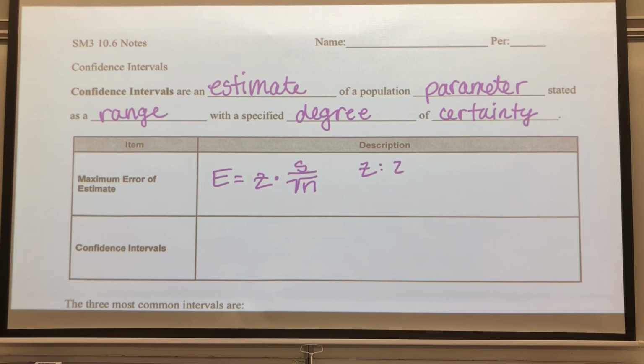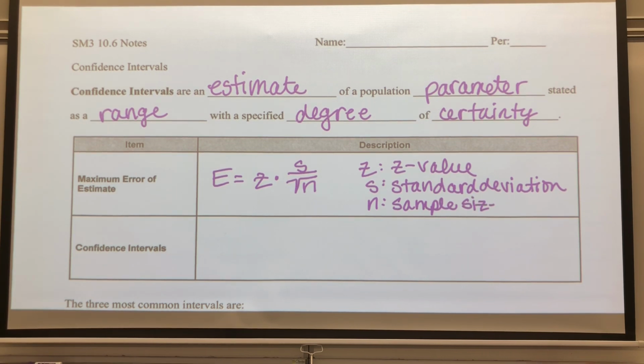It is called the Z value, and it is a constant. It's just a number. S is your standard deviation. I'm not sure why they didn't use sigma, but they're calling it S. And N is your sample size, like it always is.